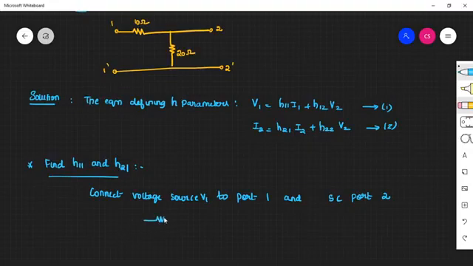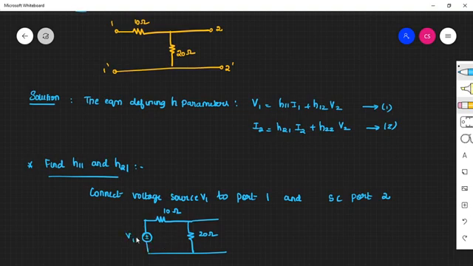When this is done, we can redraw the circuit: this is 10 ohm, this is 20 ohm. We are connecting a voltage source across port 1. So let this be V1, and we are short circuiting port 2.